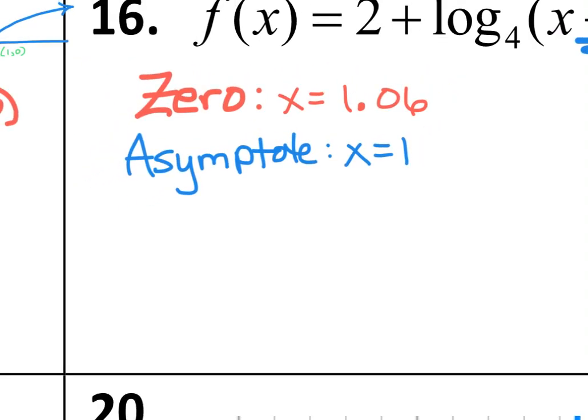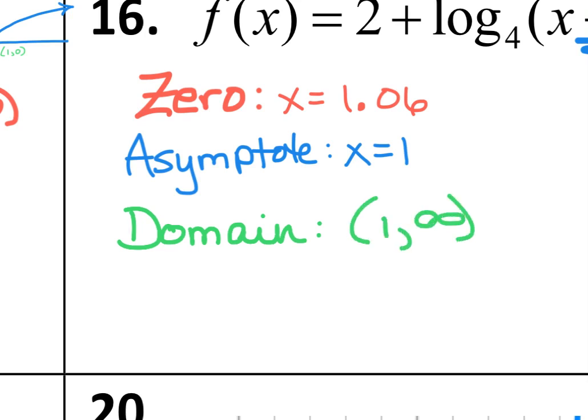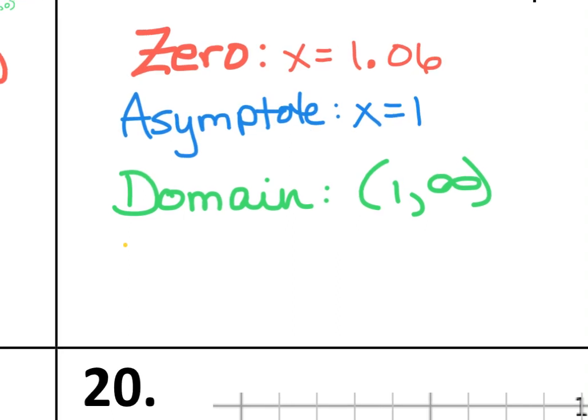Then you're asked for the domain. The domain goes from the asymptote at 1, but not including 1, to positive infinity. And you're asked for the range. The range of every logarithmic function is negative infinity to positive infinity.